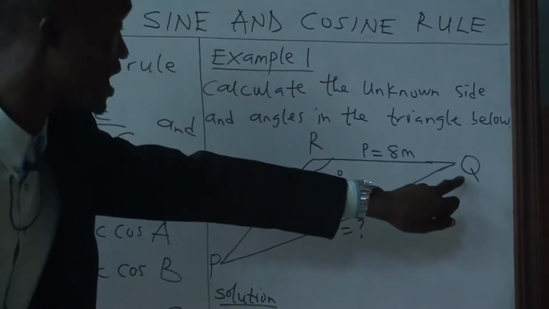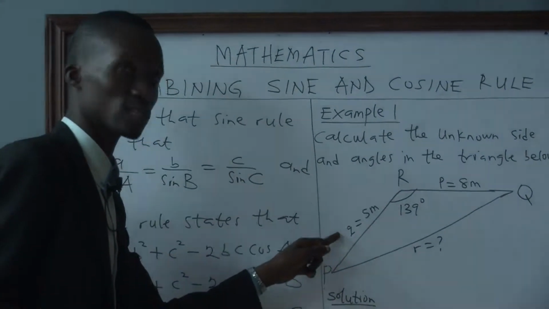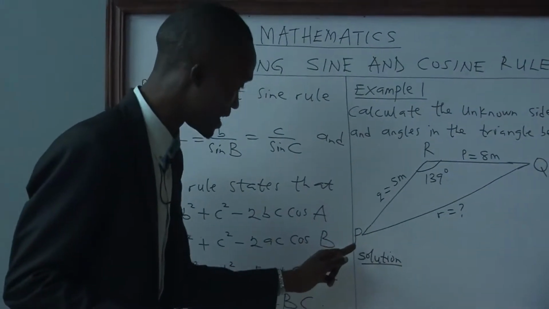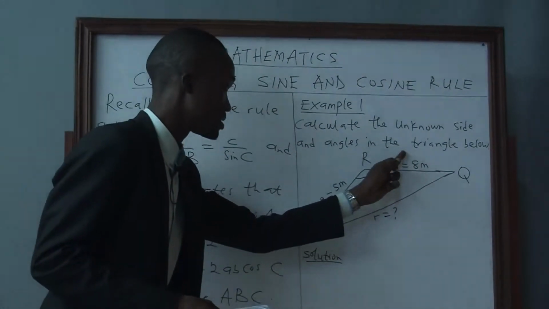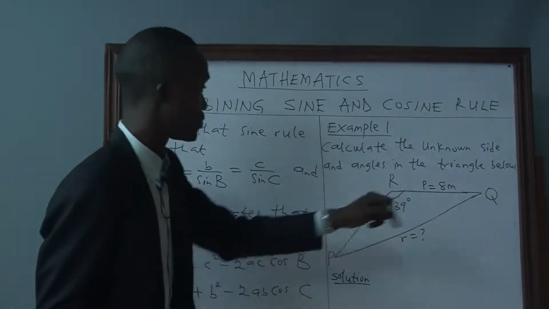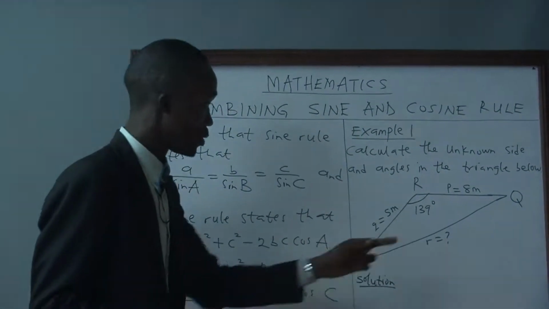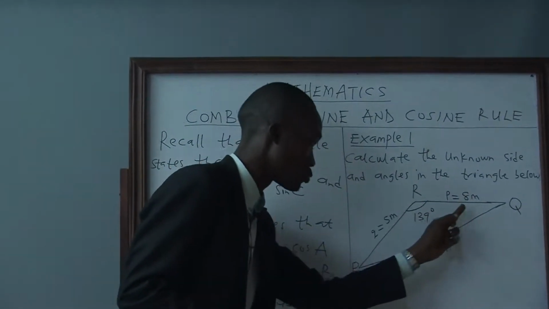From here we have this angle as angle Q. The side facing it is small q, which we are given as 5 meters. We have this angle as angle P. The side facing it, we are representing with small p, which is 8 meters. And we are given this angle R. We are to find this side, and we are to find angle P and angle Q.